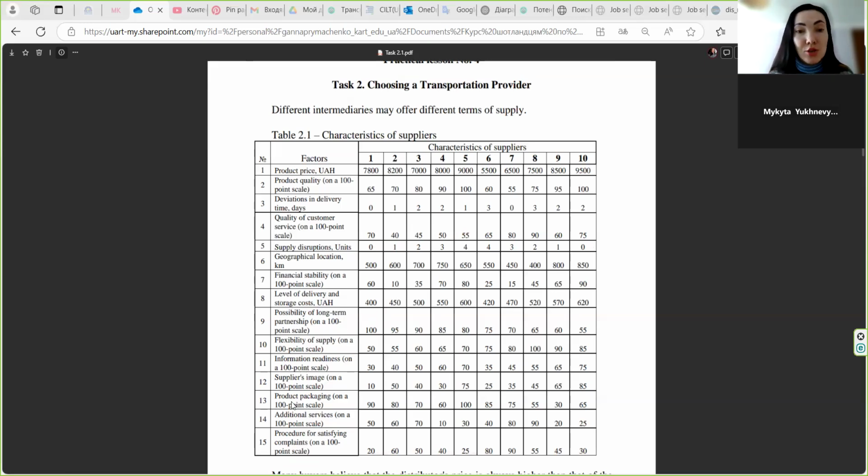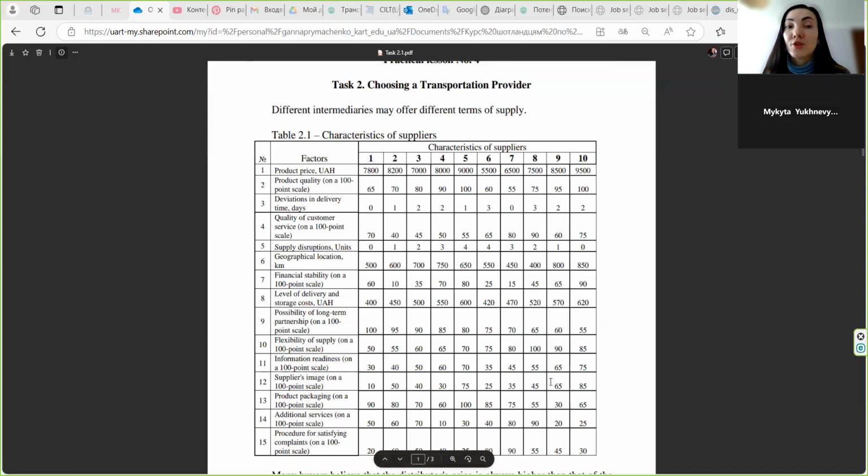And position 13 is product packaging. I think it is very good when we have such a service, because if we need it, we could use it. But if we need it and these suppliers couldn't give it to us, it is maybe not very useful for us, and we need to find where we could do it. So when we have near 100%, it's the best.